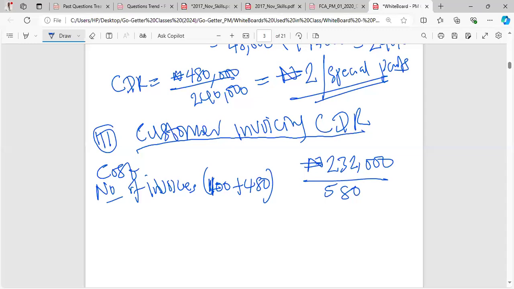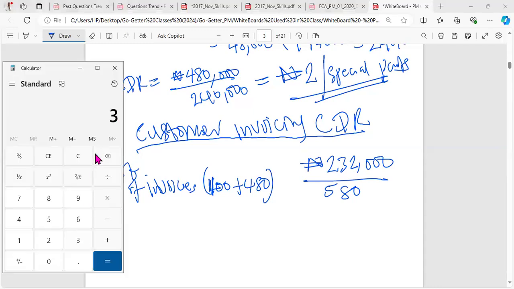Now when we divide, we have 232,000 divided by 580, and we have 400.